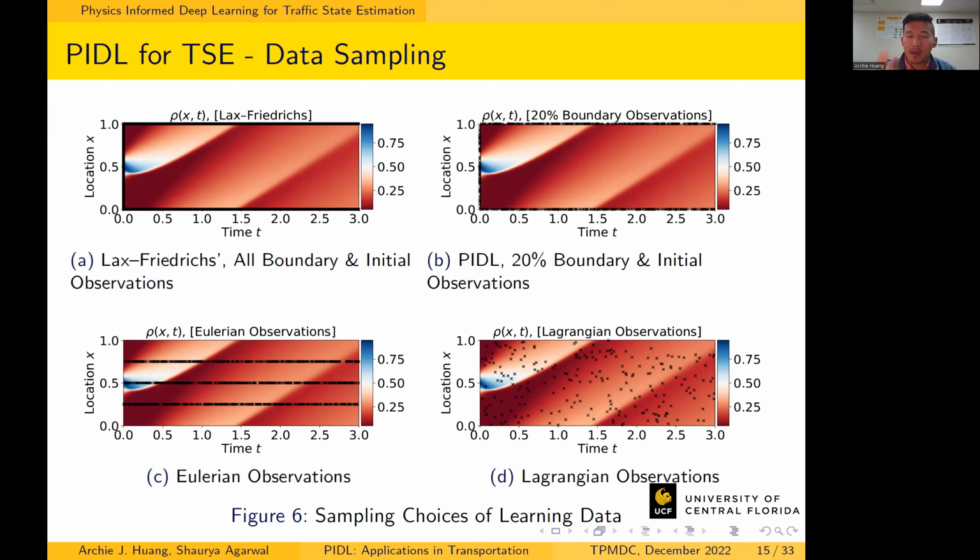But when we look at subfigure B, for the PIDL, now you have a more relaxed requirement. You don't need to have all the boundary and initial observations, and it's still fine to reconstruct or estimate the traffic states.